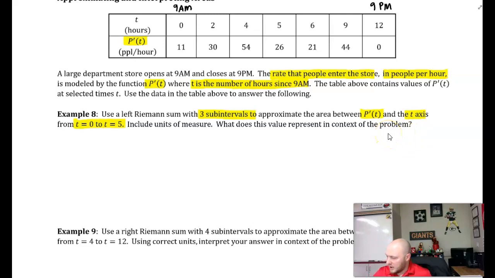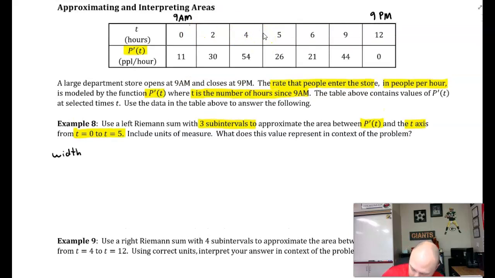Okay, so let's go ahead and calculate this. All right, we have 3 subintervals. So our width, if we're going from 0 to 5, notice here in the table, and I want 3 subintervals. These are values indicated in the table. So I'm going to have my first rectangle be from 0 to 2.